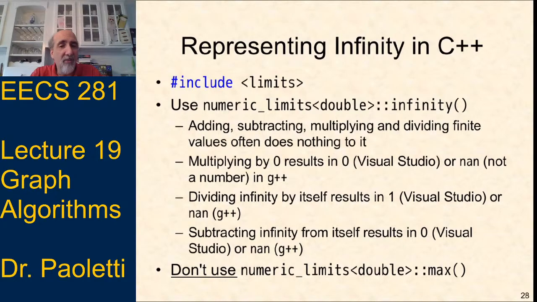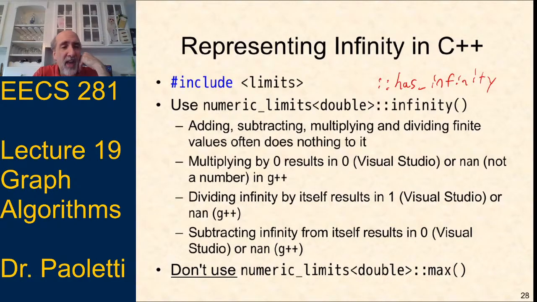Now, not every type has an infinity. And in fact, there is something called numeric_limits<type>::has_infinity, and I believe has_infinity doesn't have parentheses associated with it. I'm pretty sure. So has_infinity will tell you whether this type has an infinity representation or not.